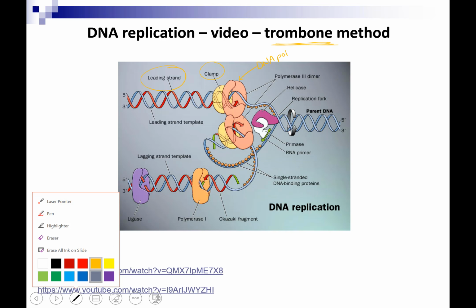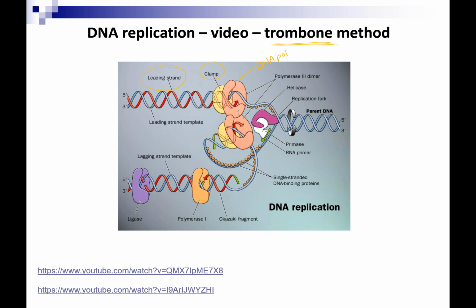You've got 2 DNA polymerases working on 1 replication fork. Here's your helicase, right? And we'll talk about these guys down here in a minute. I highly suggest you watch this. This is a really good video of DNA replication. And this one is a really nice illustration or animation showing the trombone method.